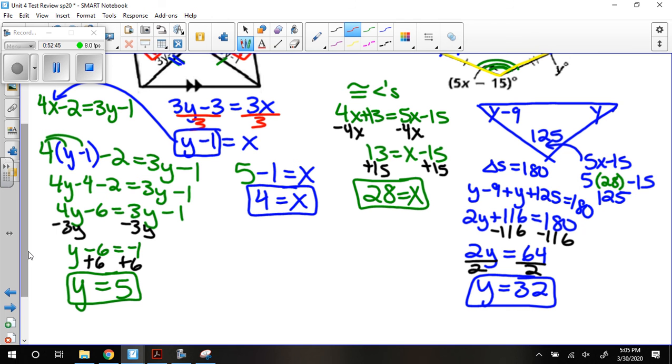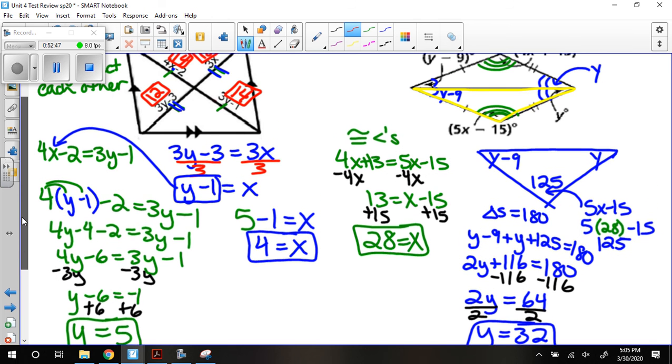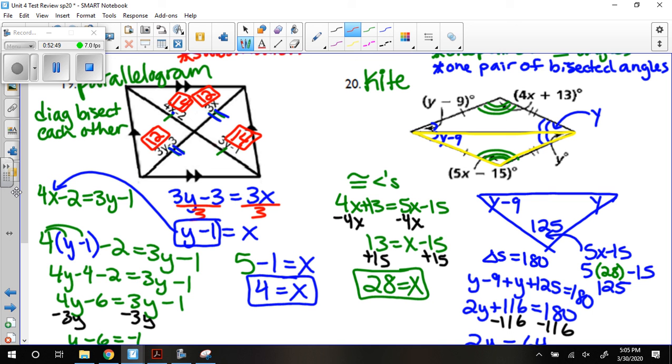We also have to find out those angle measures. So for this angle that was labeled with y minus 9, our y value was 32, so we're doing 32 minus 9, which is 23 degrees. And that's for this angle right here.